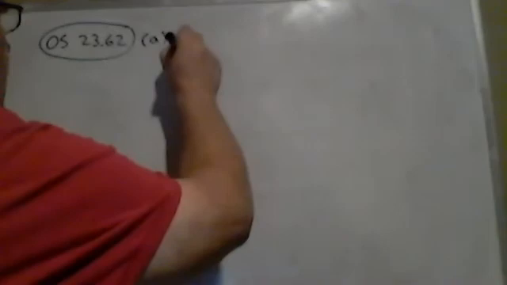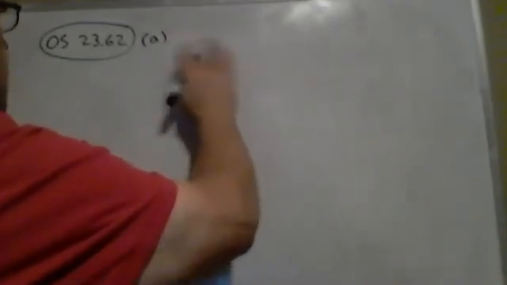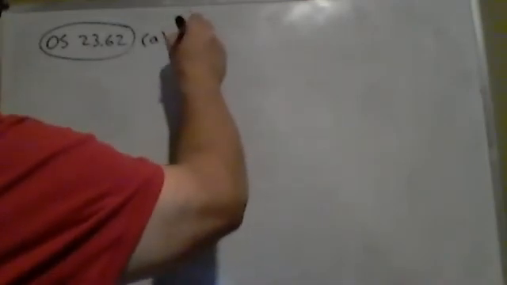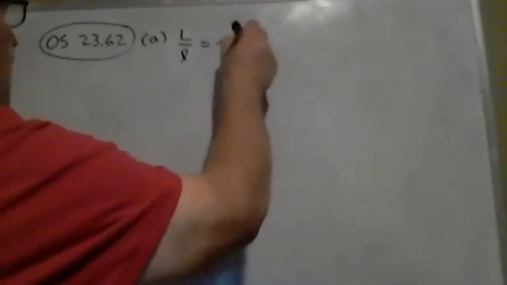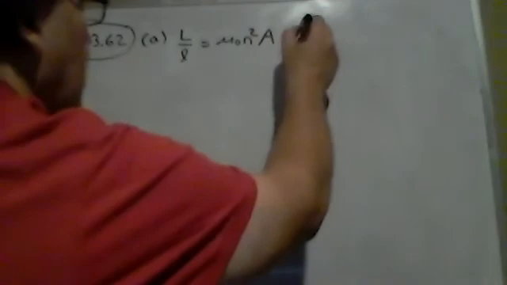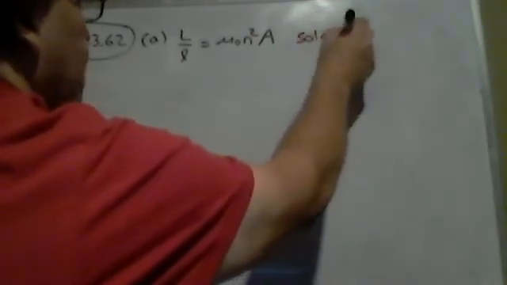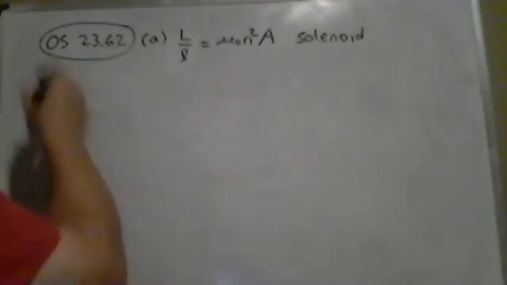The general equation for the self-inductance of a solenoid is capital L equals mu naught N squared A over little l. Particularly for a long solenoid, we can move the l to the right-hand side.